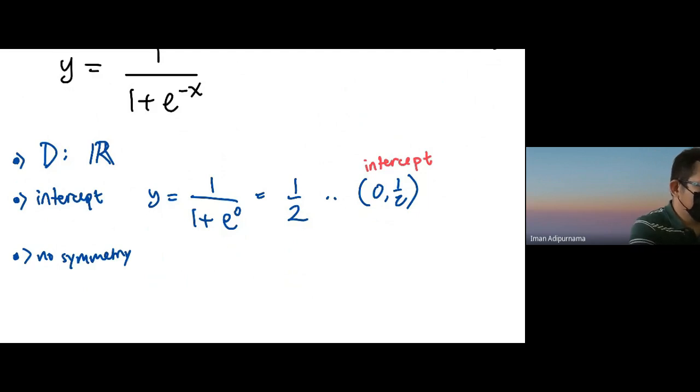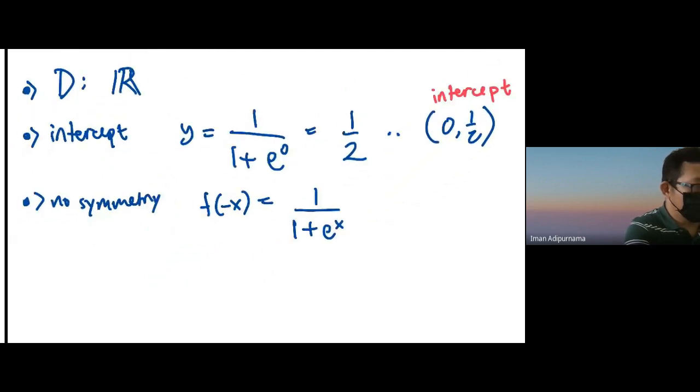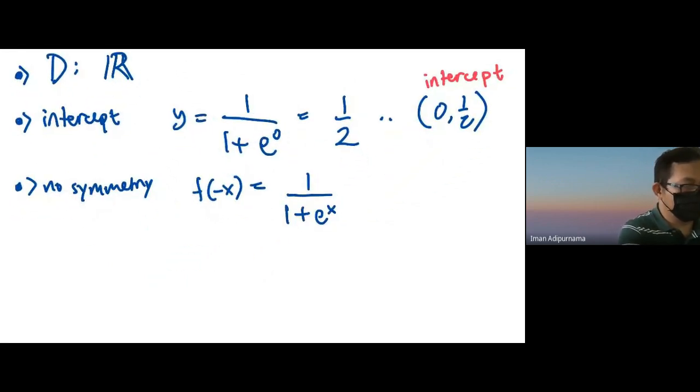We cannot conclude anything from this, so we can just conclude that there is no symmetry. And then we can check the asymptote.